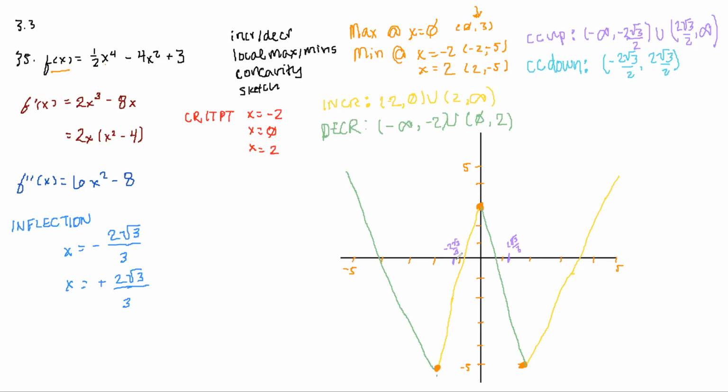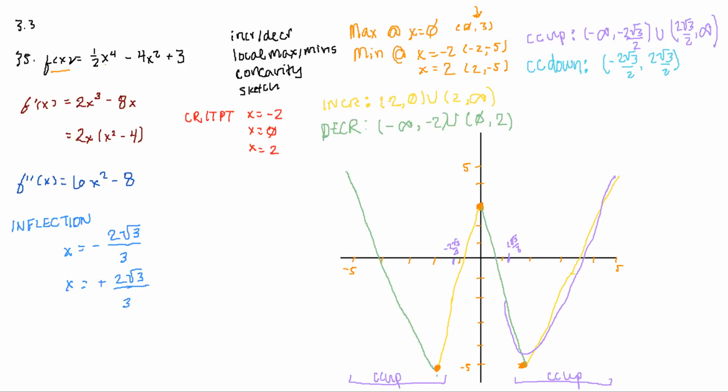Which means that from here to here, I am concave up, and from here to here, I am concave up, right? And what does concave up look like? It's going to look like I have a curve that looks like that, right? Something along those lines.